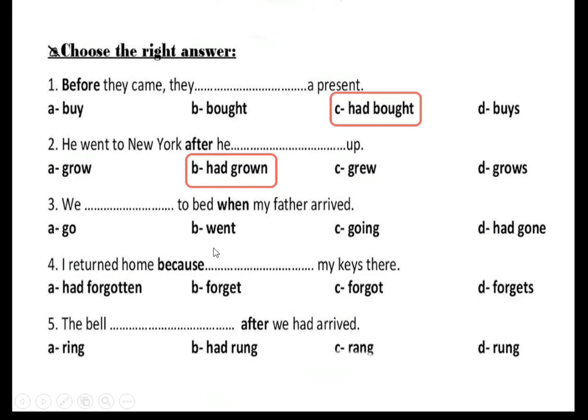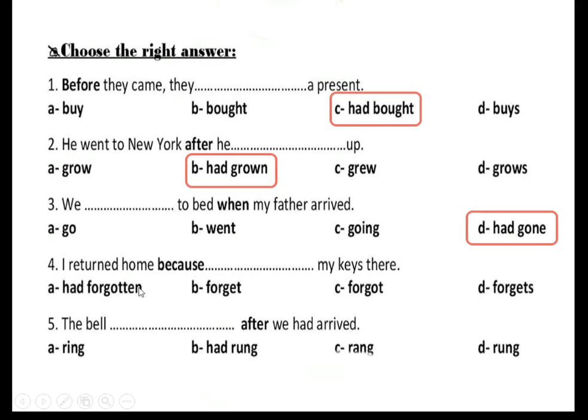We to bed when my father arrived. Yes, when, past simple, and here we will use what? Go, went, going, had gone. Yes? Had gone. Past perfect, when, past simple, okay?